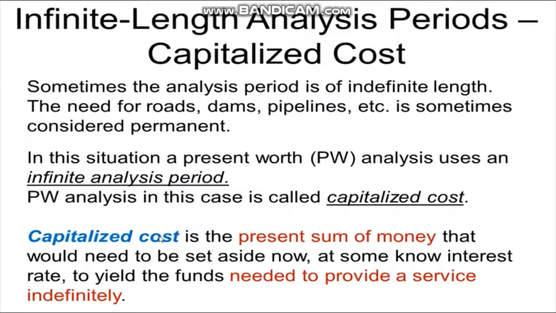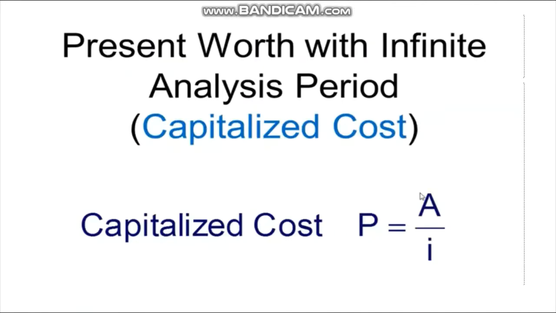All right, as we see, for present worth with an infinite analysis period, we are gonna use P, which is the capitalized cost, equal to the annual service payment over the interest rate.